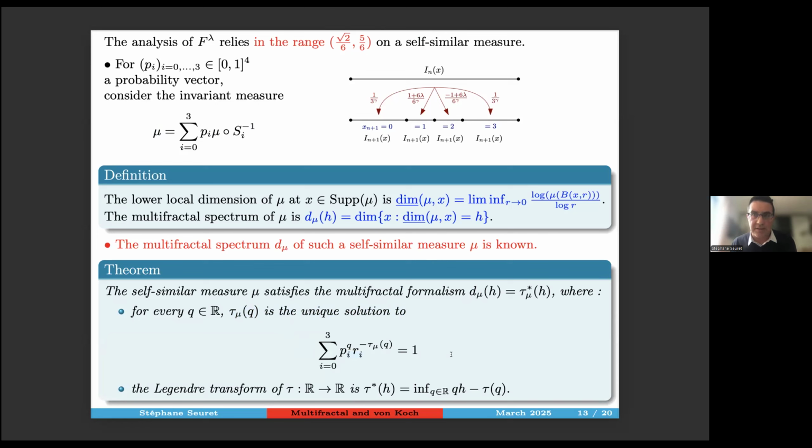It's very standard, right? It's almost the simplest measure that you can work with besides the multinomial measure, okay? And what I claim is that in the good cases, the analysis of the function f lambda is related to the measure mu with good parameters, okay?